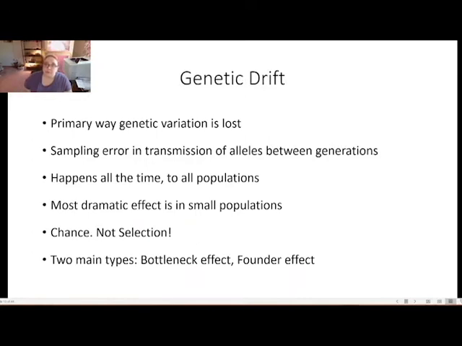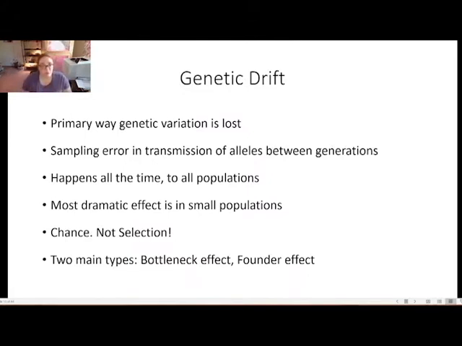So with natural selection, the change in the gene pool is due to one trait being preferred over another. In genetic drift, it is completely random. So there's no reason that any certain allele is lost or gained. It has nothing to do with how fit the individual is. It's completely random.